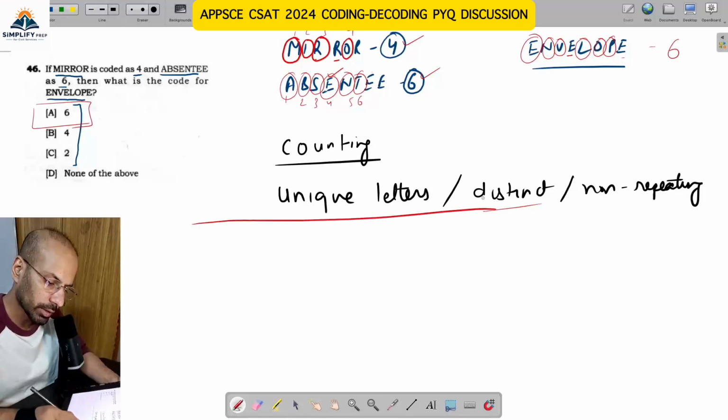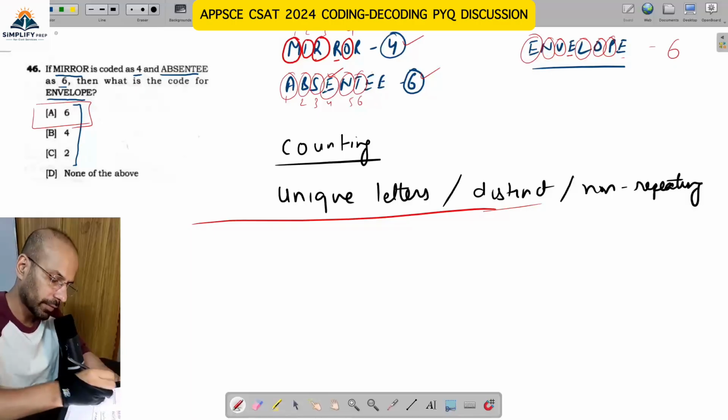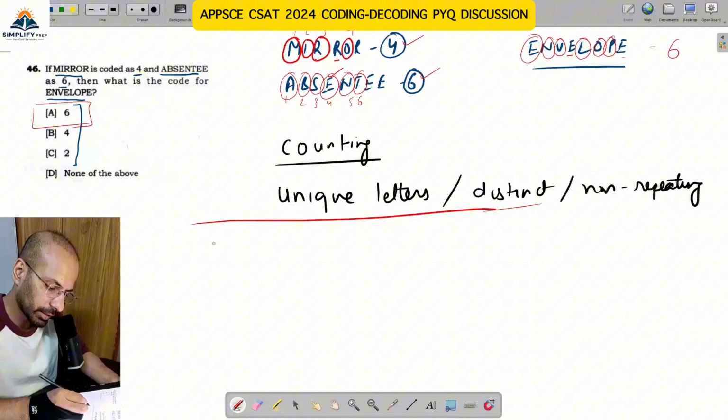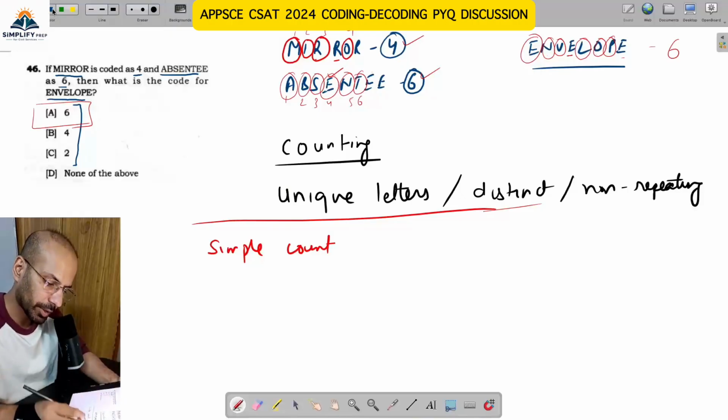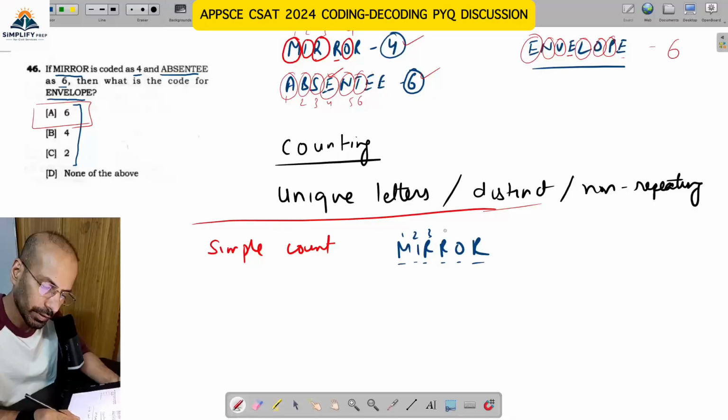Note that some people have applied a different logic also. Like they have simply done the simple counting, that how many letters are there. Like if I see for mirror, if I do simple counting, 1, 2, 3, 4, 5, 6, there are 6 letters.